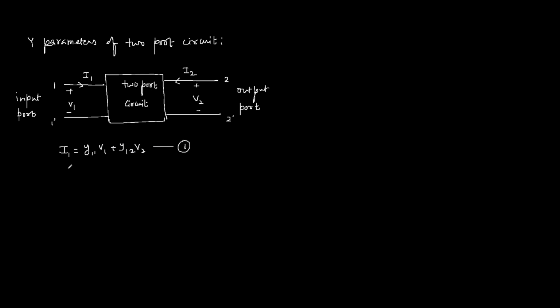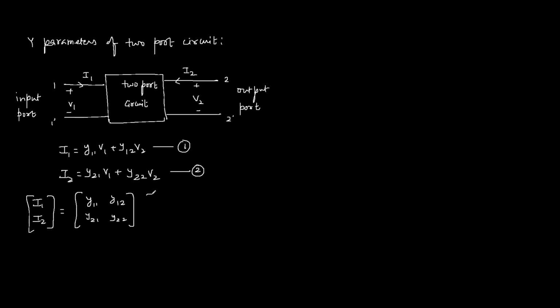This is equation 1. Second equation is I2 equal to Y21 V1 plus Y22 V2. This is second equation. We can write these two equations in matrix form. On the left hand side we have currents and then this matrix Y11, Y12, Y21, Y22 and then the voltages.